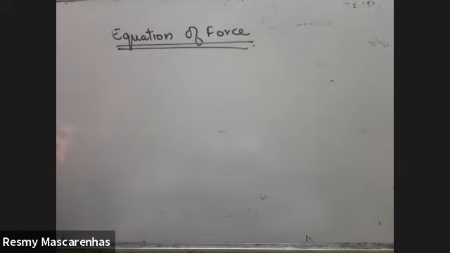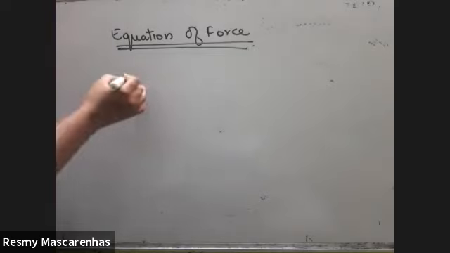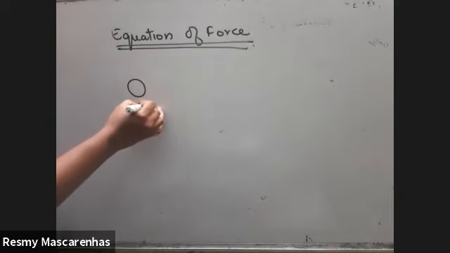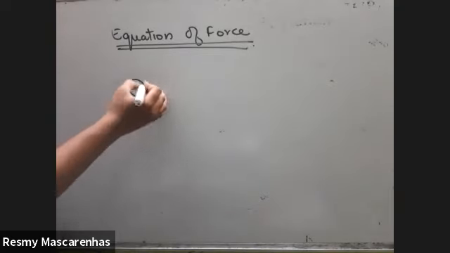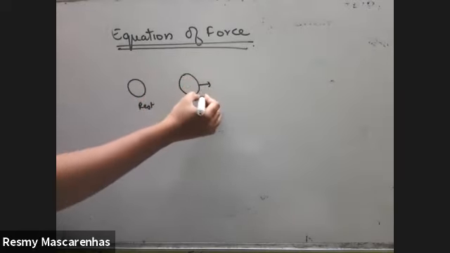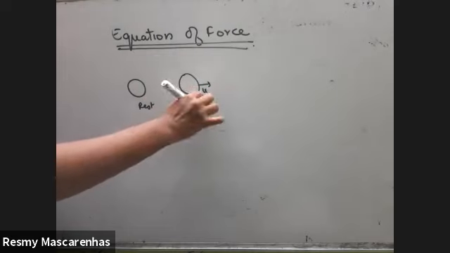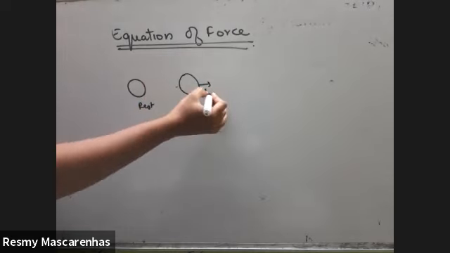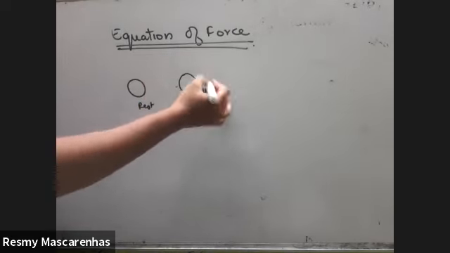Now under this we'll see a term called constant force. Now there's an object which was at rest, suppose. Okay, then what will happen? It's moving. Then with initial velocity it will start. Okay, so initial will be u.